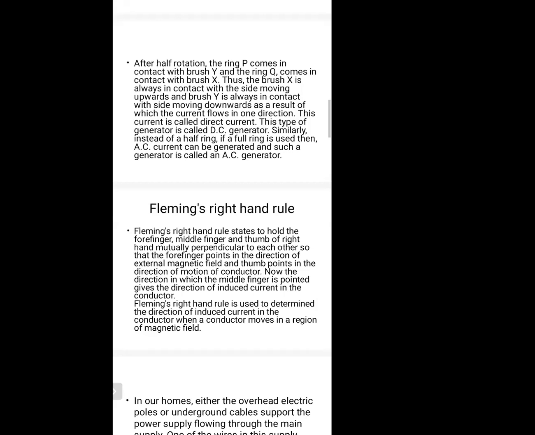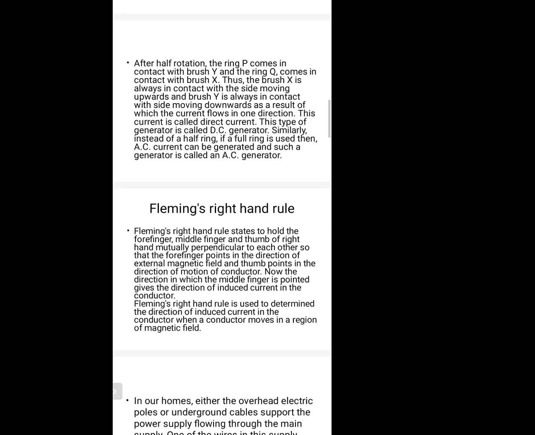While using the left hand rule, you are providing current and getting the work done, that is getting mechanical energy, as in a motor. But in a generator, it is the opposite. You are providing mechanical energy, getting the current produced, that is induced current. The rule remains the same. Father, mother, child remains the same, that is field, magnetic field, force, and current.